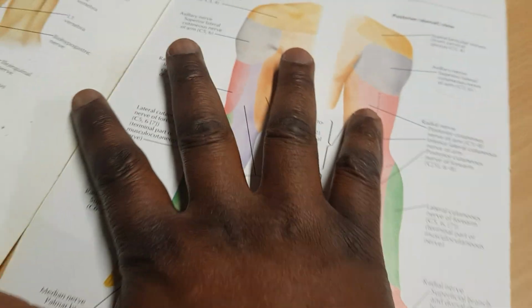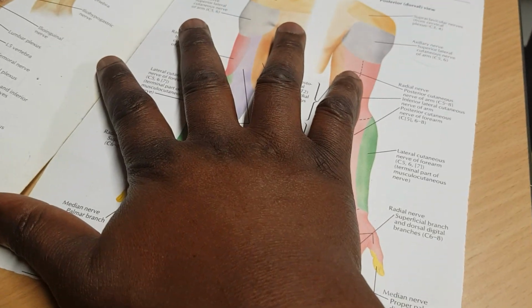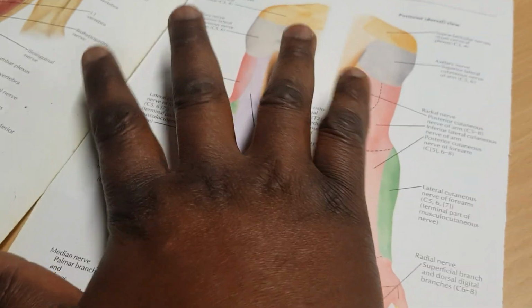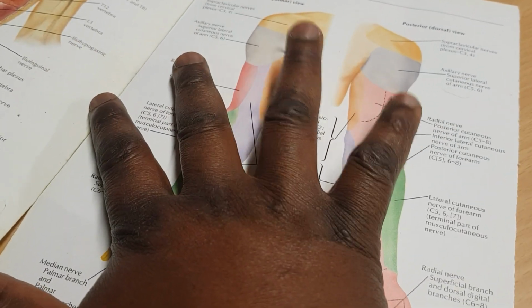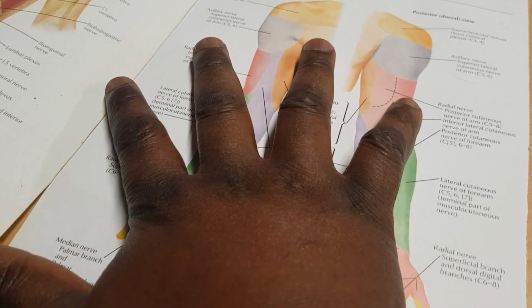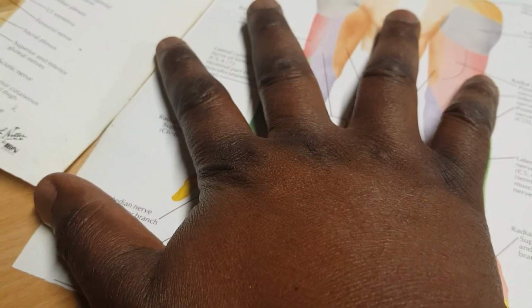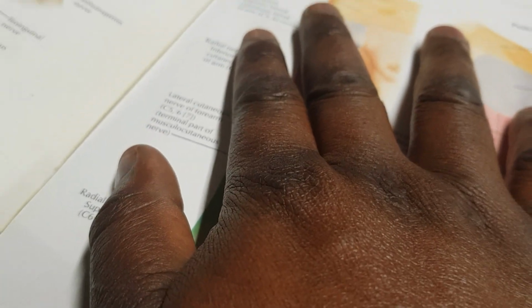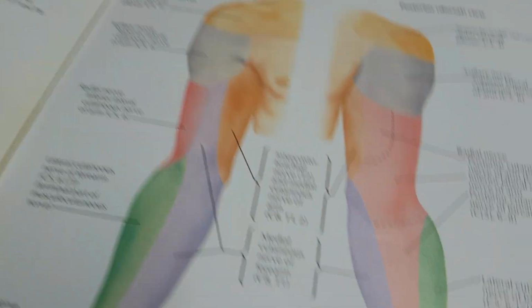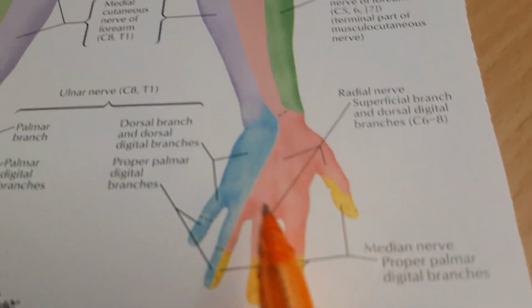But if you turn it around, this part you can still test the ulnar nerve, but on this part posteriorly, you can test the radial nerve. So for the hand, you can test 3 nerves. Look at this. This is the posterior part.